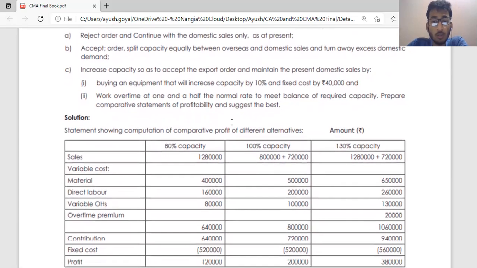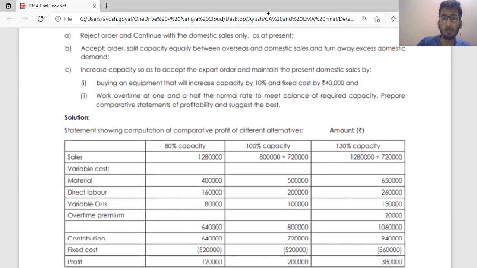The second option available to you is that for the balance 20%, you work overtime at 1.5 of the normal rate to meet the balance of the required capacity. So what we need to do is prepare a comparative statement.